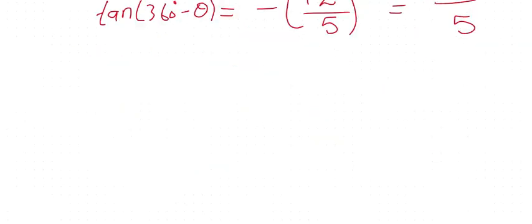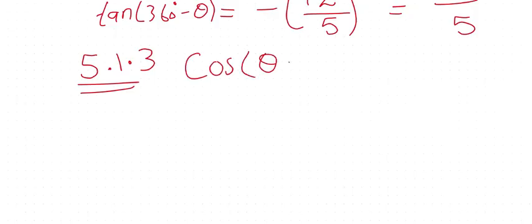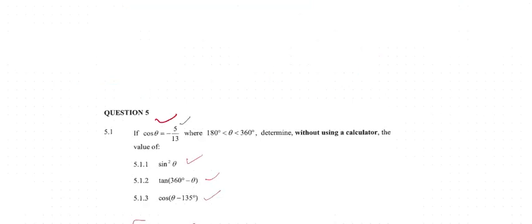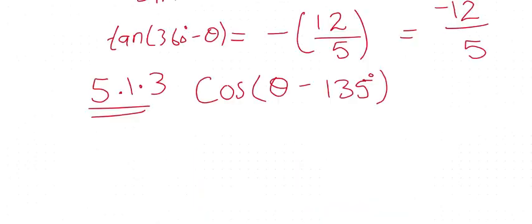So what's the next value we have? 5.1.3. What we have to find out is cos(theta minus 135 degrees). As you can see, cos(theta minus 135 degrees). So how do we find it?